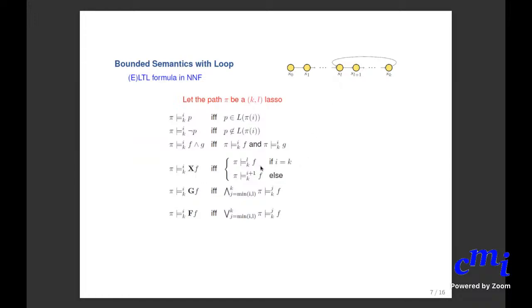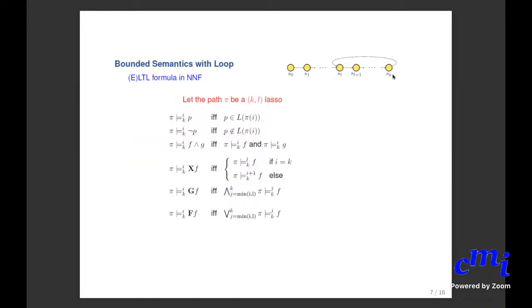So X of F, if I is equal to k, if you're at the end, then since you know this is lassoing, the successor of sk is sl, and X of F is true only if the formula is true of the state which is a successor of sk.